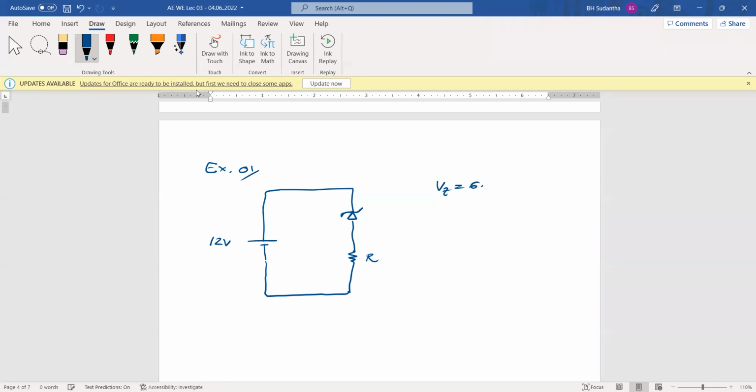We said 6.8 volts, and 1 watt. Then there should be a current, and you have to find this I and R here.